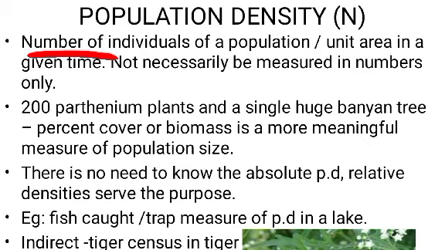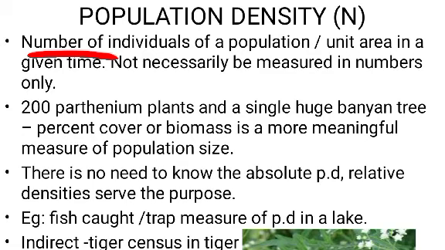Now, it may not always be an appropriate measure. For example, suppose in an area there are 200 Parthenium plants and only one huge banyan tree.